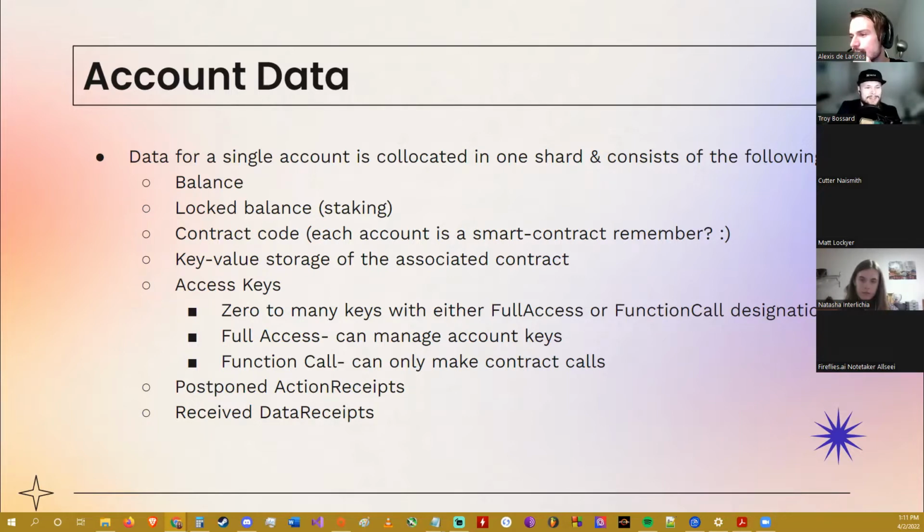Key value storage of the associated contract. Then you have information about access keys, of which there can be 0 to many, with either a full or function call access designation. This is something we're going to be talking about a little bit more in the next couple of slides, full access and function call keys. It also contains information about postponed action receipts and received data receipts. We're also going to be talking about receipts as well, which is an interesting topic for Near.